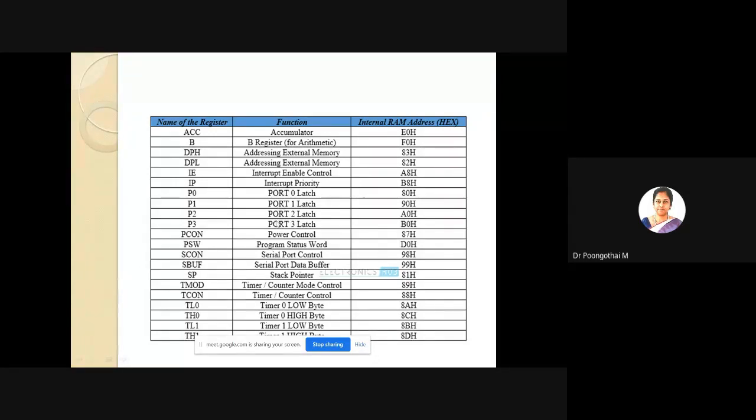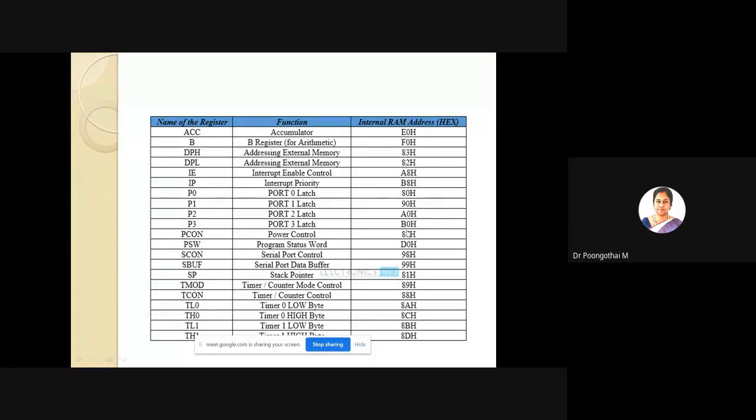And next, 4 ports. Each port is associated with one 8-bit address. For port 0, 80, port 1, 90, port 2, A0, port 3, B0. Okay. So these are 8-bit parallel ports used for I/O operation.